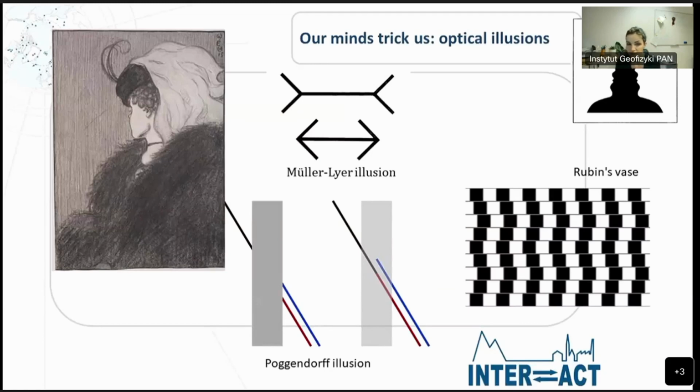So there are lots of physiological mechanisms and phenomena that support those illusions, and some of those illusions also have some cultural backgrounds, because we, in, let's say, Western European culture, we live in a rectangular world full of angles, and so we tend to perceive some things in a certain way.